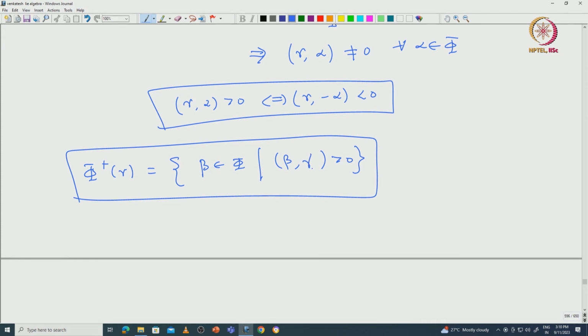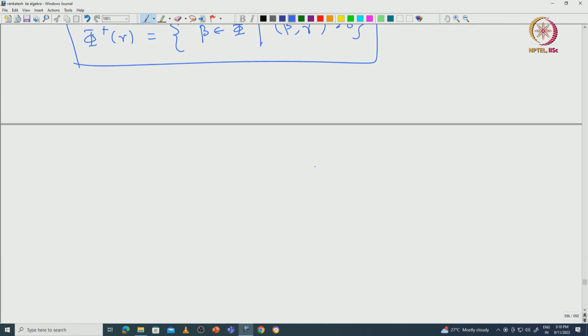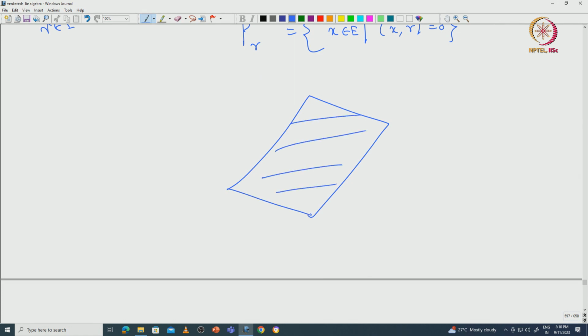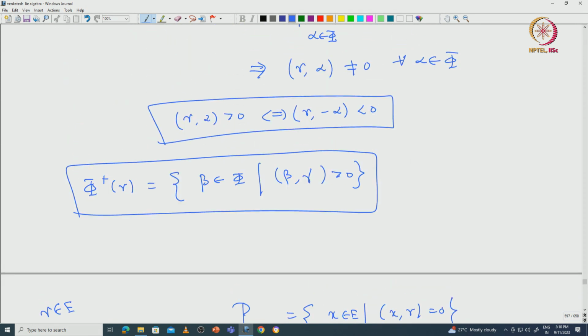Given gamma inside E, you have this hyperplane P gamma, which is those x in E that are perpendicular to gamma. Pictorially, you have this hyperplane somewhere, and you are collecting roots beta.